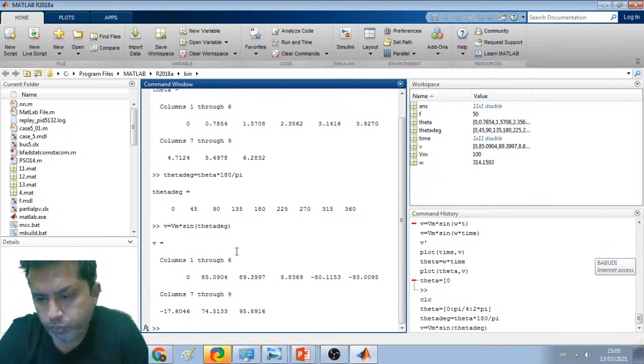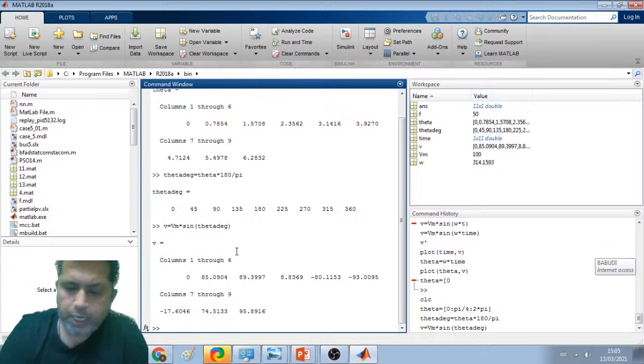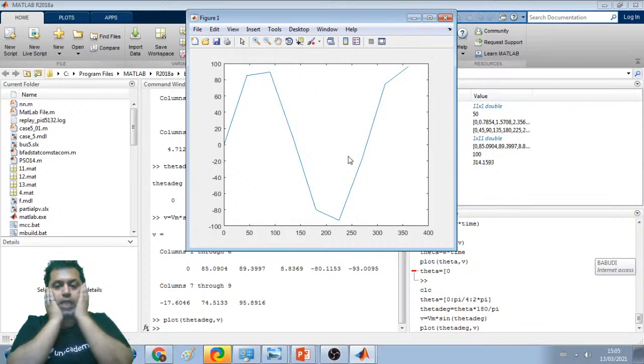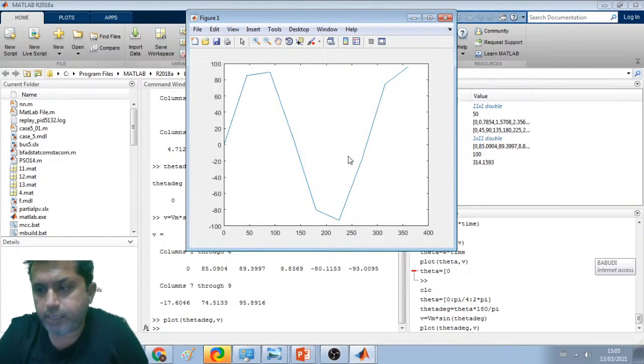So this is the value. Let us plot theta degree comma V. It is resembling the sine wave.